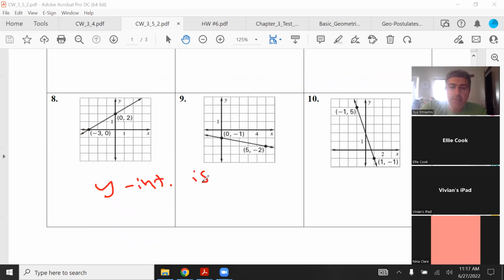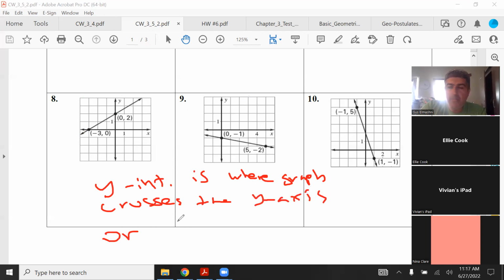Y-intercept is where the graph crosses the y-axis, because the intercept means across. Or you can think like this: it's the y-coordinate when x equals 0.